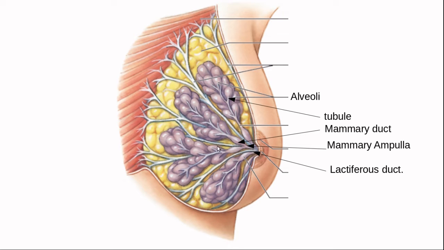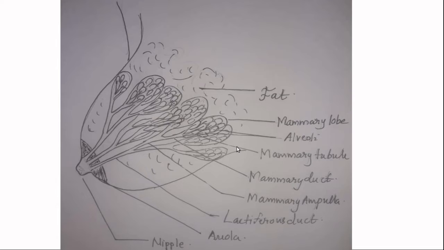Now here in this picture it is not that clear, so here you can see, this is the mammary duct of one lobe, this is the mammary duct of another lobe. These mammary ducts of different mammary lobes join together to form another common duct. It is called the mammary ampulla. You got it? So in each lobe there are alveoli.